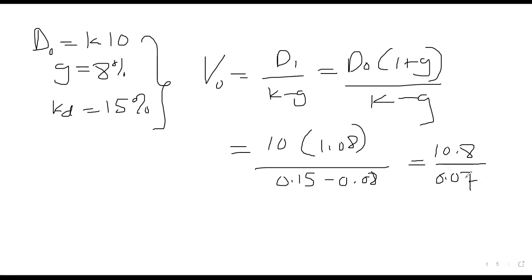The value of stock will be 154. So I've combined two theories here, the constant growth model and the Gordon's model.